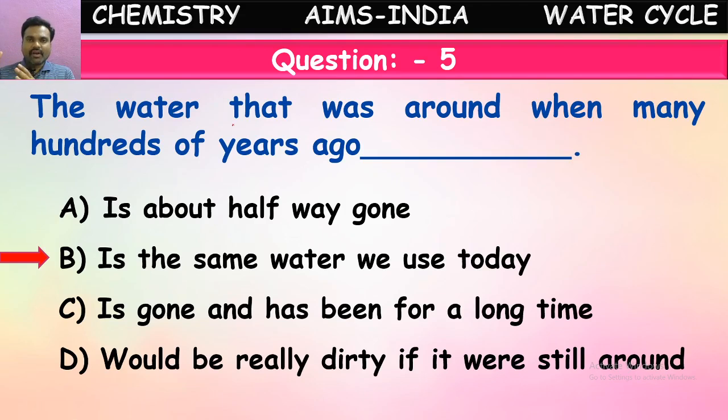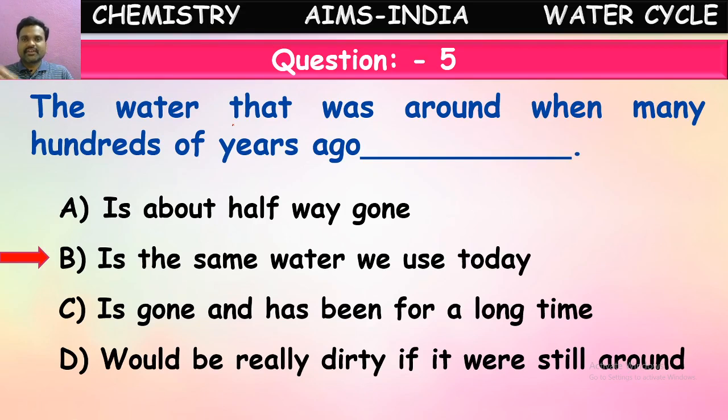Whatever water was present a hundred years back, the same water we are using now, but not in the same form. It has undergone so many processes. Suppose there was some quantity of water just a hundred years back. That water will undergo evaporation from the land and be converted into clouds, and the clouds will move from one place to another, and again cause rains.